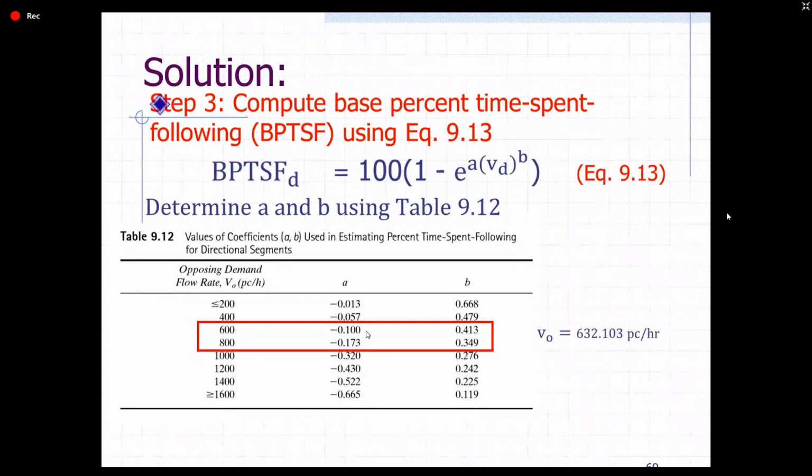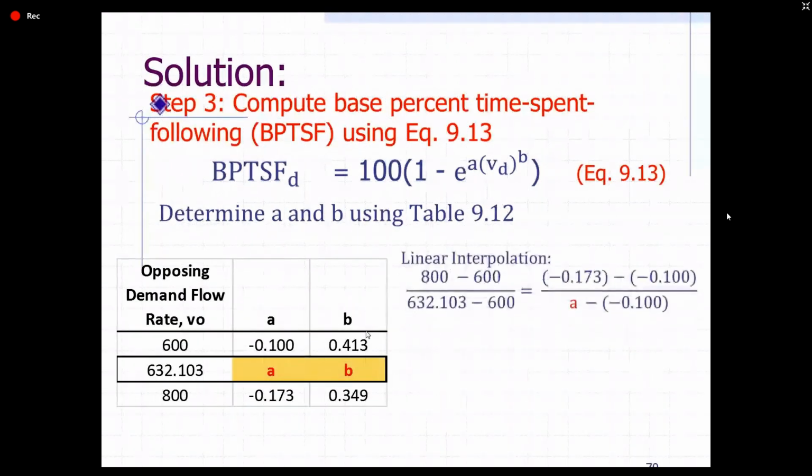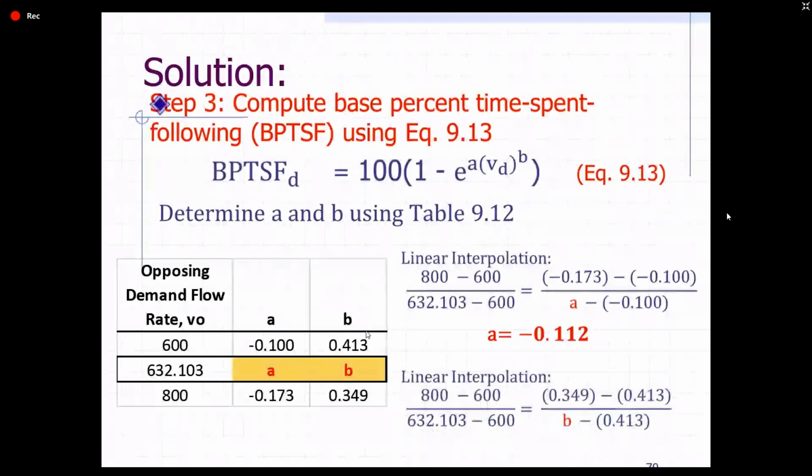So it is in between 600 and 800. So wala tayong choice but to interpolate yung values natin. Okay, so for your A and B, yan yung A natin. Interpolation lang naman to. This is your linear interpolation. Alam ko na expert kayo dito. Your B now is 403. Wala, ibibigay ko naman yan.